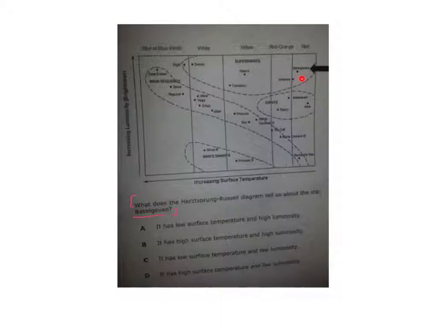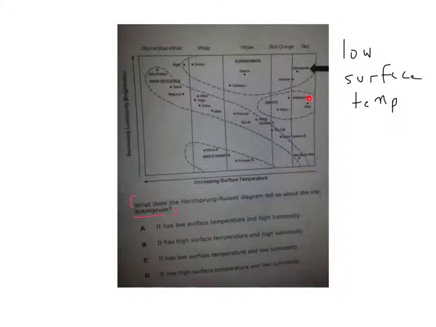It must be pretty cold. It must have low surface temperature. But Betelgeuse is also pretty high up. Let's just write that down. Low surface temp. Because it's on the right side of the graph.